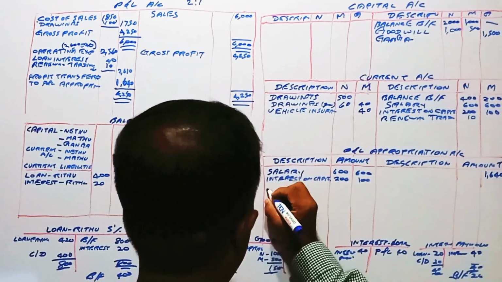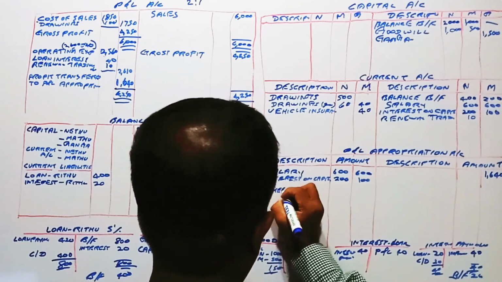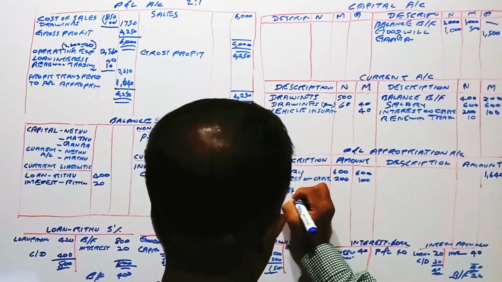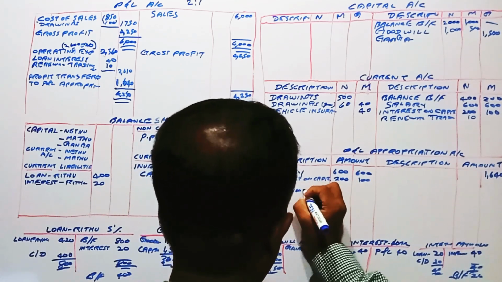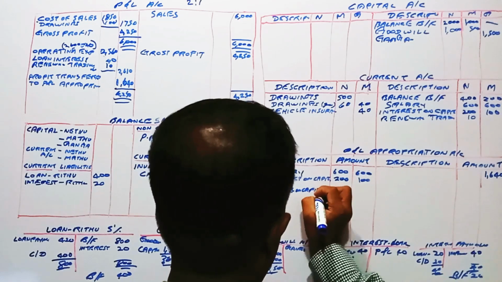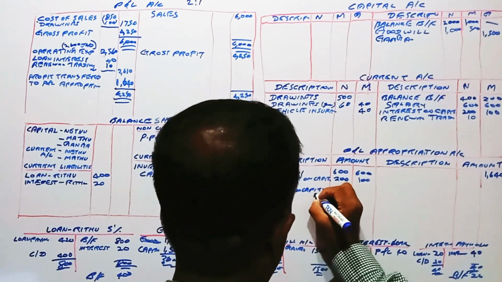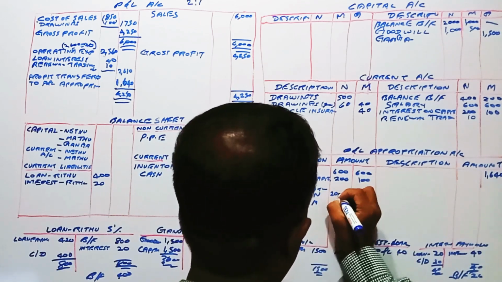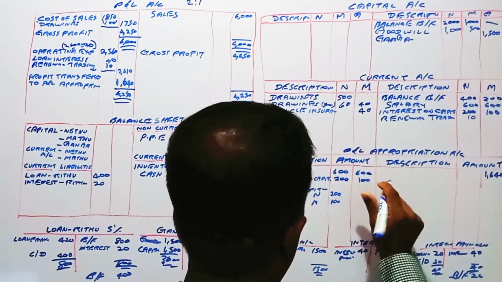Here interest on capital, N and M, right? 200 and 100, right?